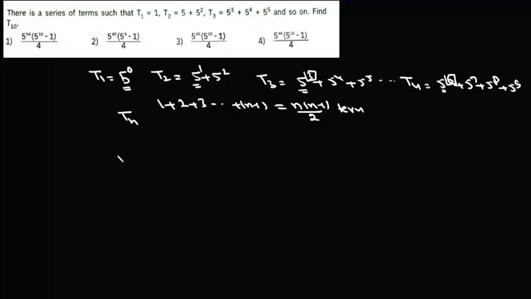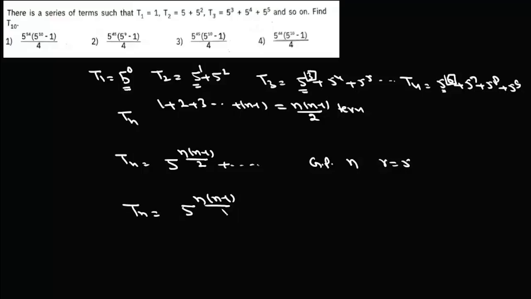So for this Tn, the first term will be 5 to the power n(n minus 1)/2. And then it is a GP with number of terms n and common ratio of 5. So we can write this Tn as 5 to the power n(n minus 1)/2 into (5 to the power n minus 1) upon (5 minus 1).